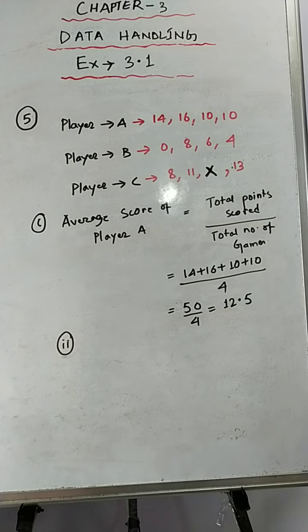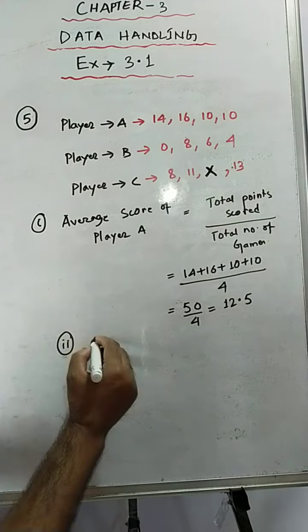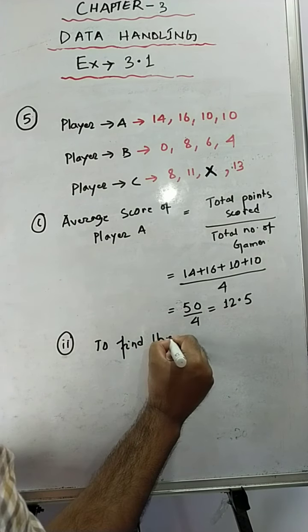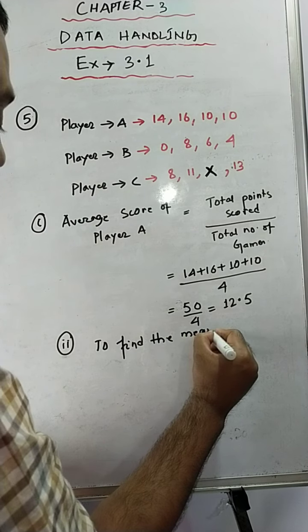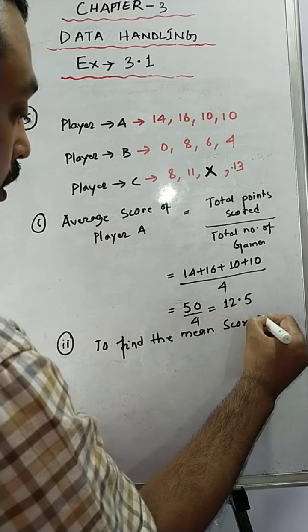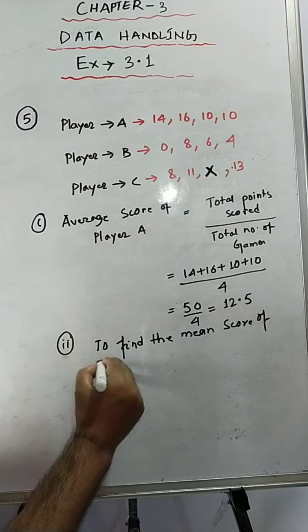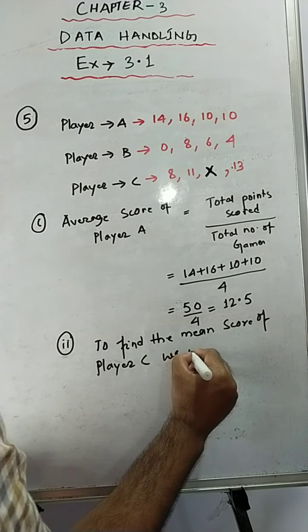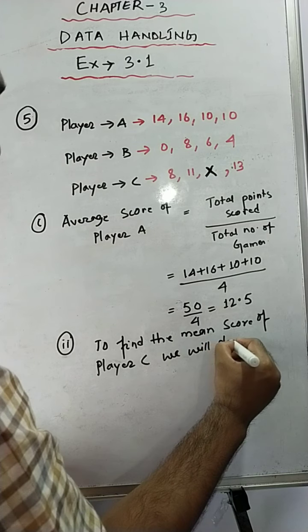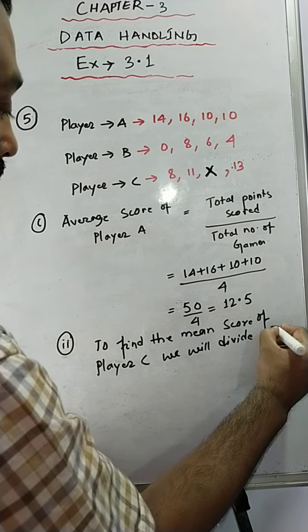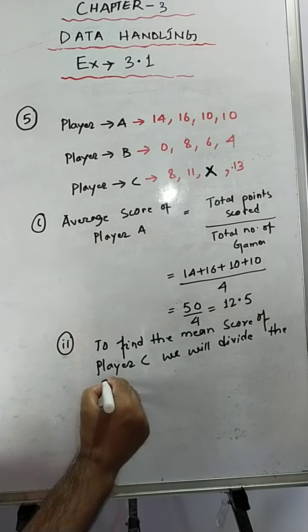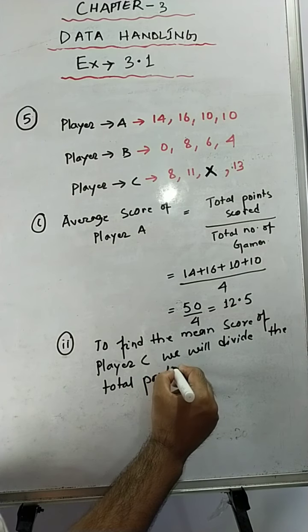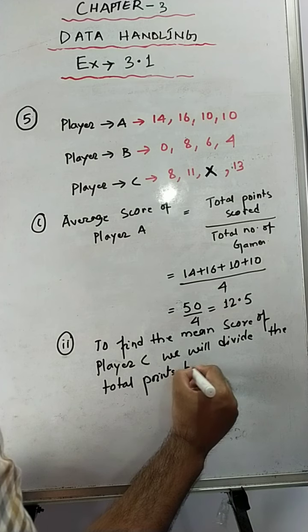Or you can write, because C played only 3 games. So we'll write this: to find the mean score of player C, we will divide the total points by 3.